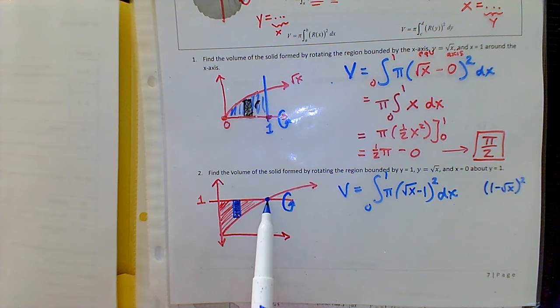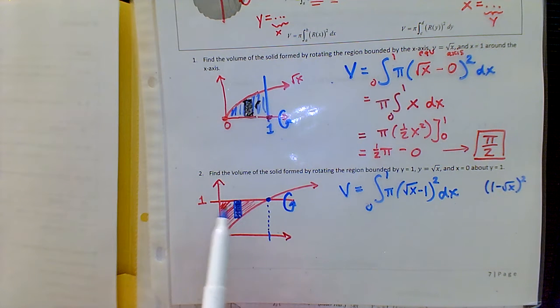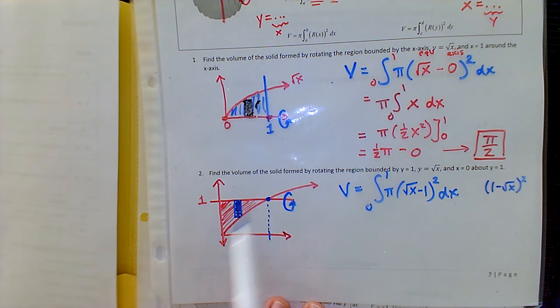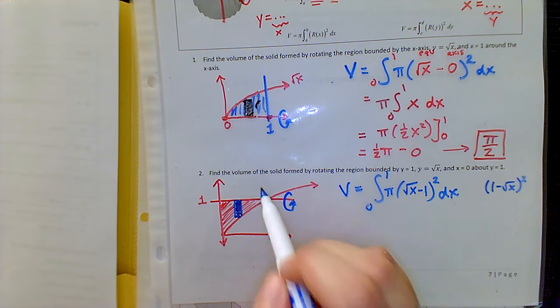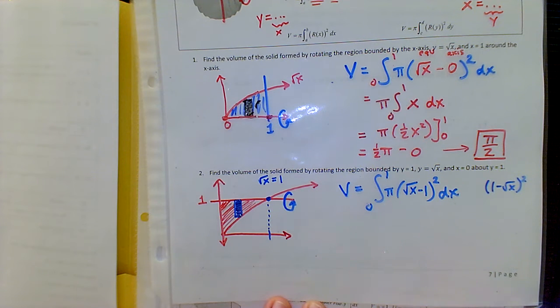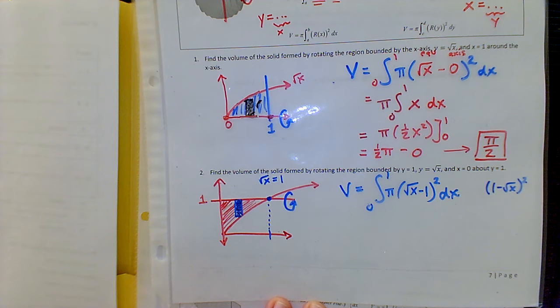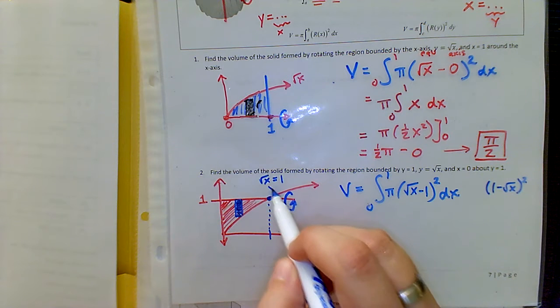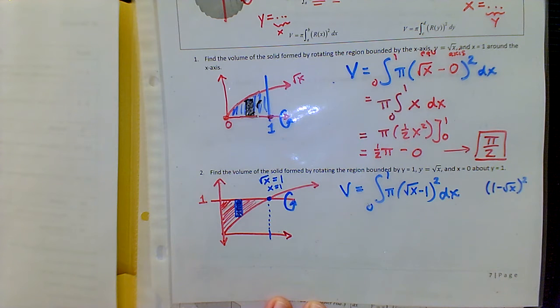We have to figure out that intersection point, aka when the horizontal line and the square root equal each other. So if you were to set the square root equation equal to the horizontal equation, you could figure out when they're exactly the same, which would be at 1. So we're still going from 0 to 1.